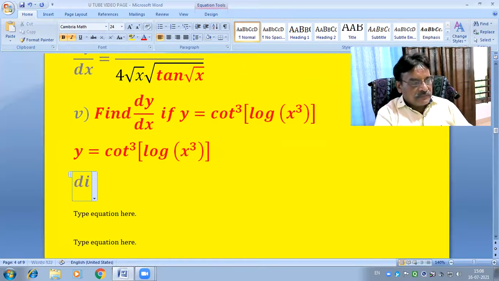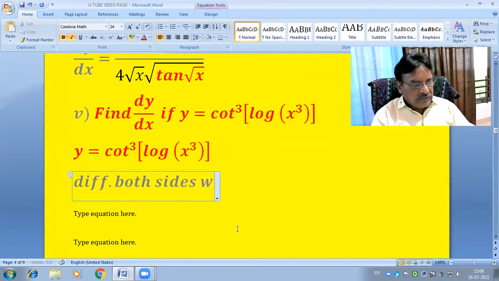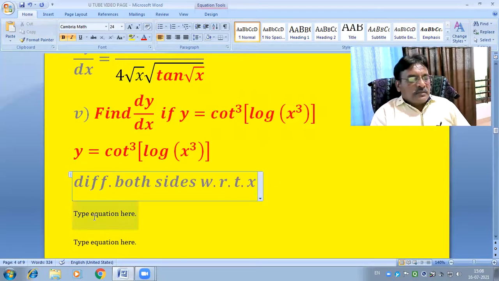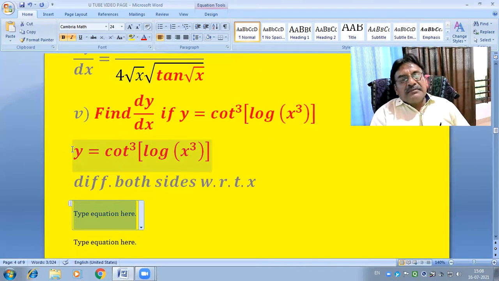Then the derivative of y, that is dy by dx, is the differentiation of y with respect to x.